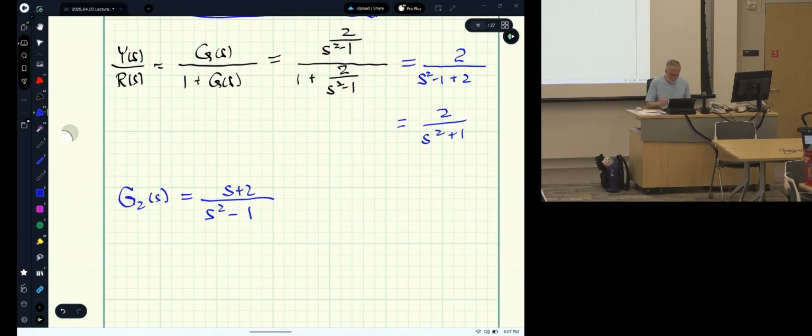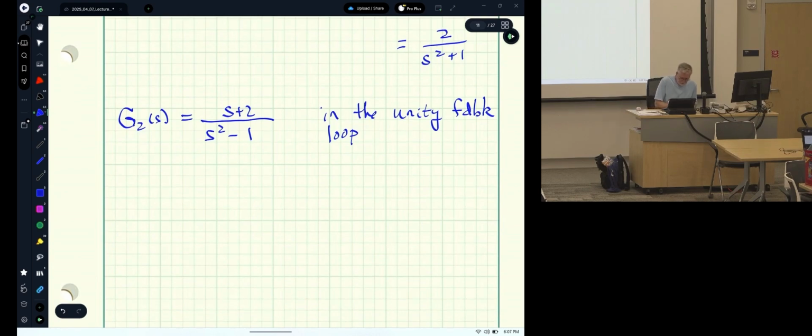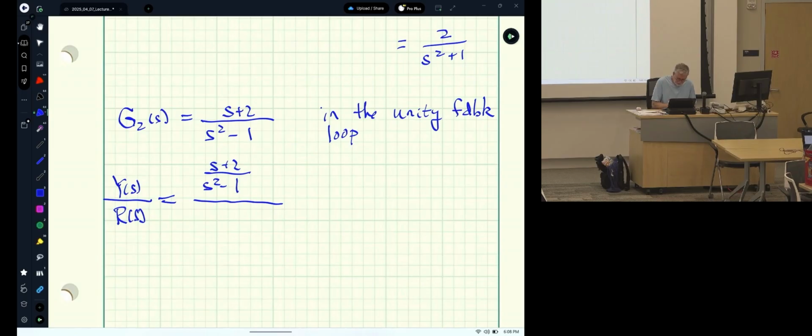And it's in the same unity feedback loop. So our output over our command, Laplace transform, is S plus 2 over S squared minus 1 over 1 plus S plus 2 over S squared minus 1.